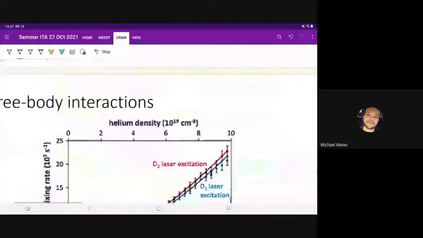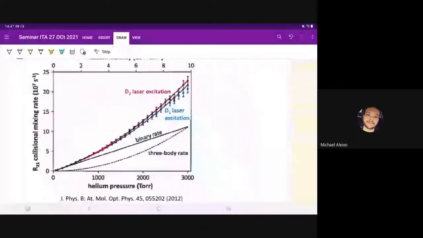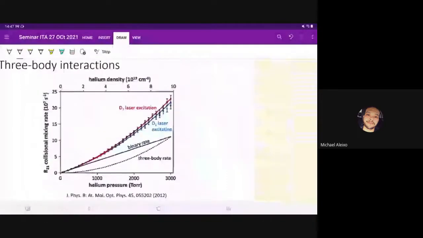And finally, one thing I wanted to talk about real quick, and I know we're just about out of time here, is the fact that USAFA, the United States Air Force Academy, which also does DPAL research, back in 2012, turned up the pressure of the helium, right?